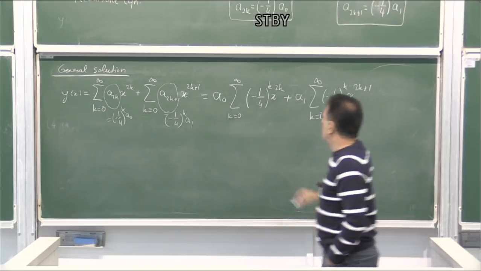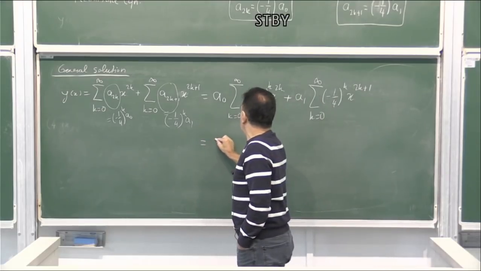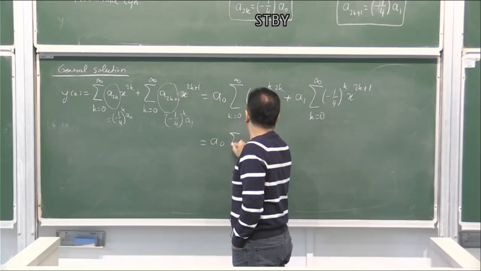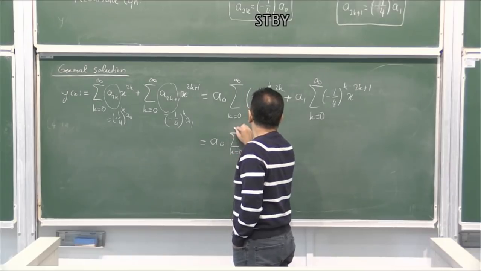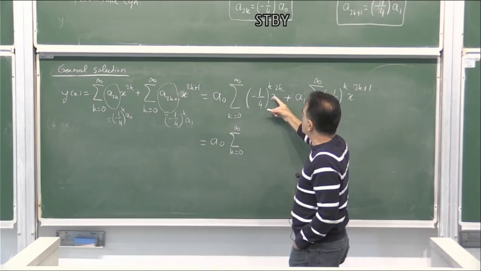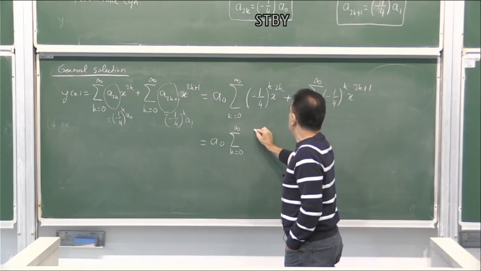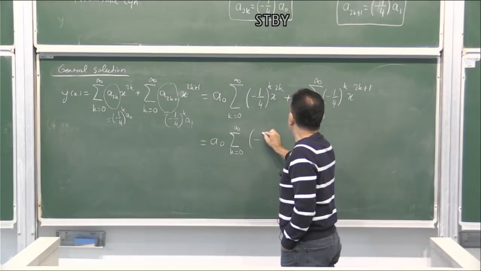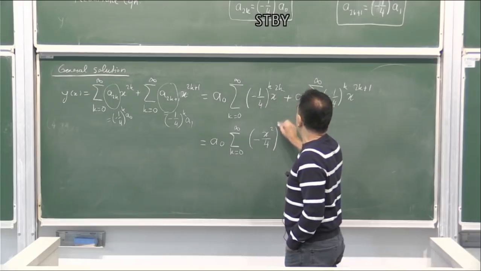Good. And better is that x to power 2k, let's incorporate this. So x squared to power k. So we have minus x squared over 4 to power k.